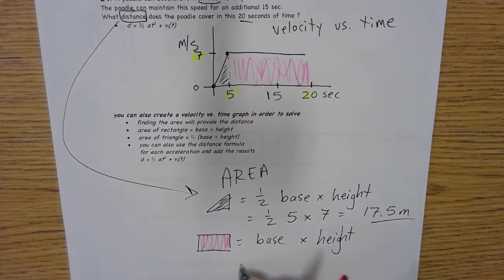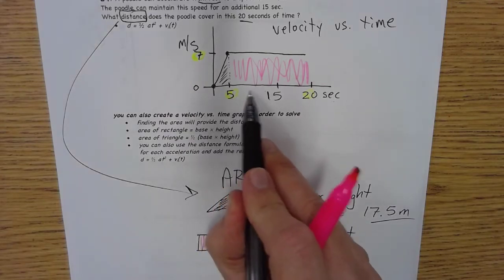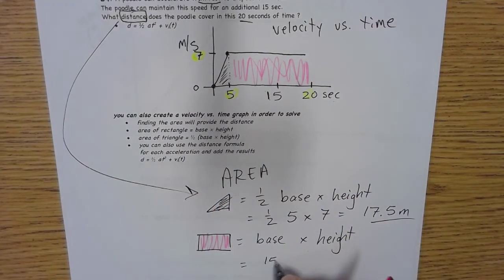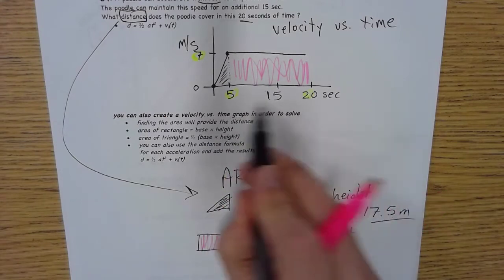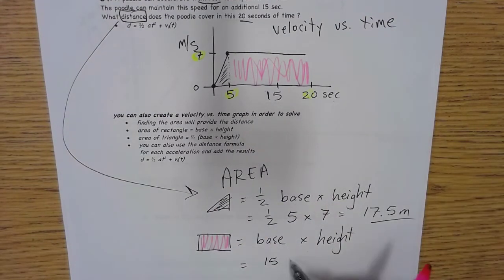Now in addition to the triangle is a rectangle piece. The rectangle goes across 15. There's actually 15 across, and it's still a height of 7.